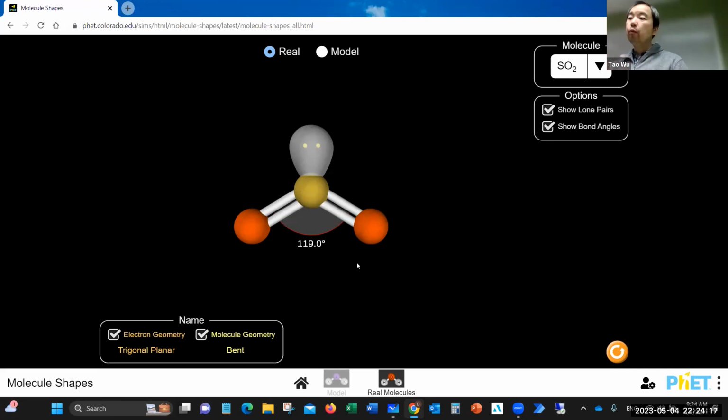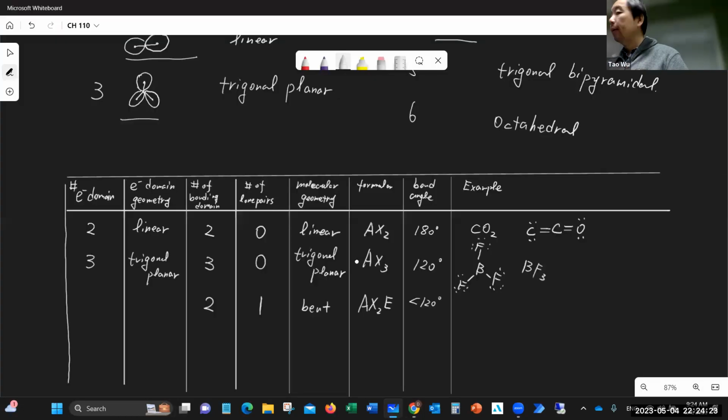If we have a lone pair, then the bond angle should be smaller than it's supposed to be. One example is SO2. That's the SO2 geometry. They have 3 electron domains.